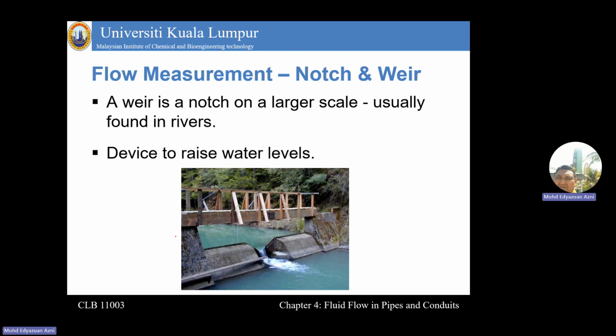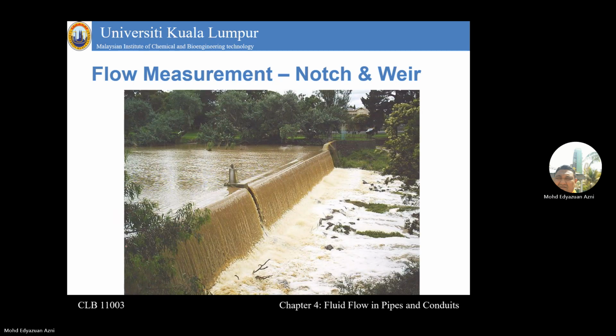And a weir is like a notch but on a larger scale. So you usually find a weir on a river. It is devised to raise the water level. So this is a weir. That's also just like this one.